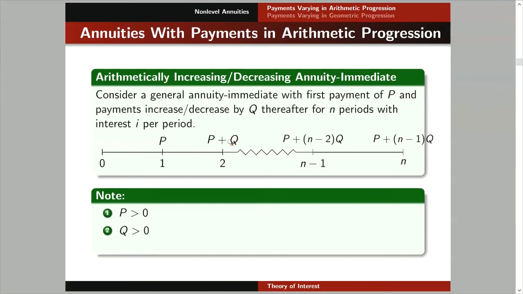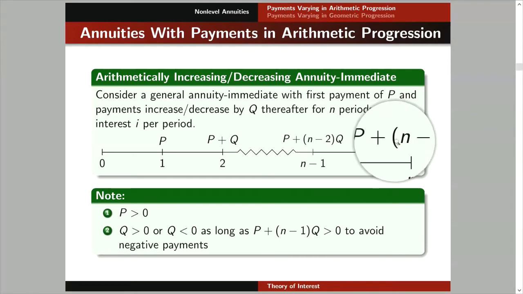If we have Q less than 0, it means we have an arithmetically decreasing annuity immediate. It's okay to have a negative value for Q as long as the last payment, P plus (n minus 1)Q, stays positive.